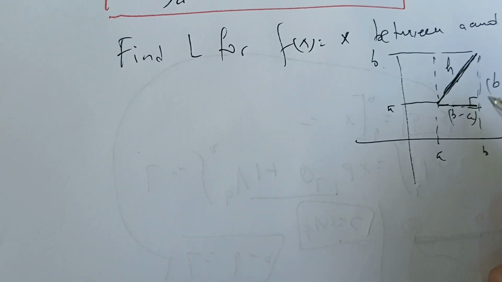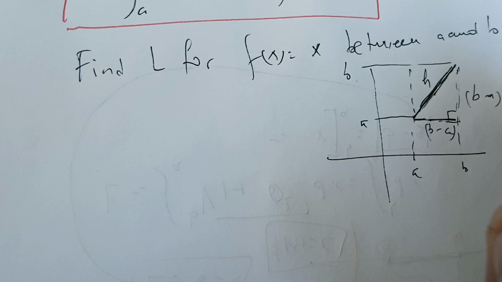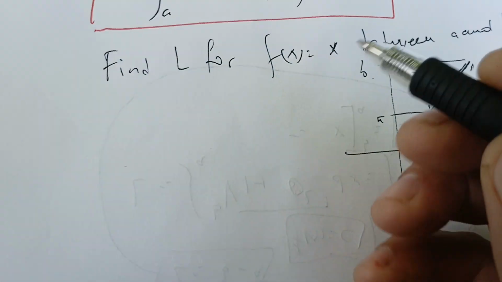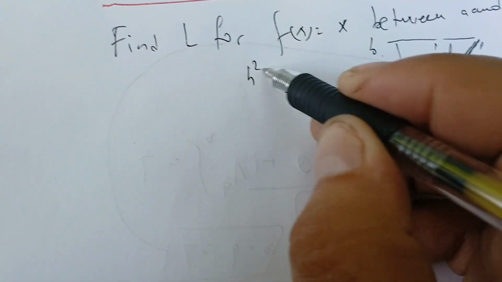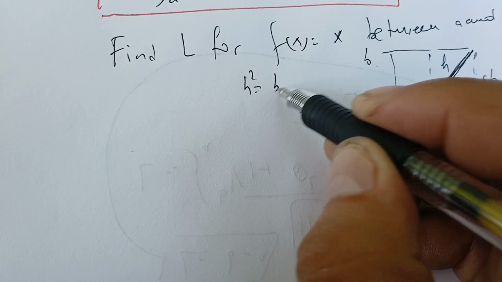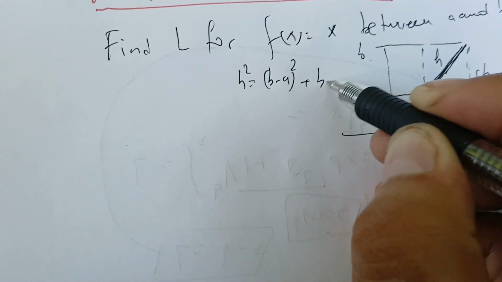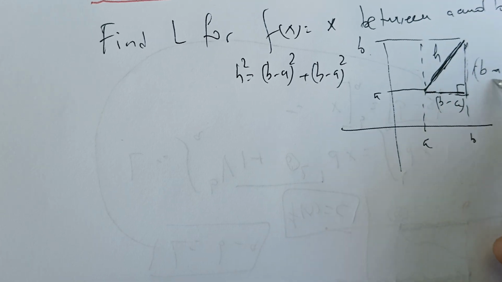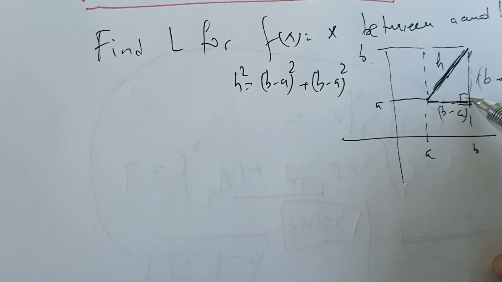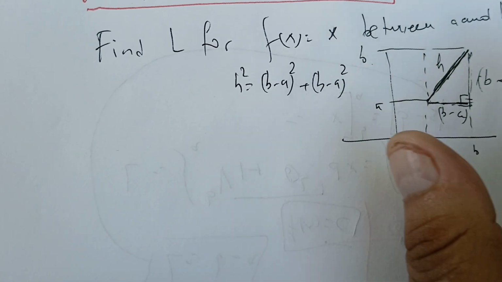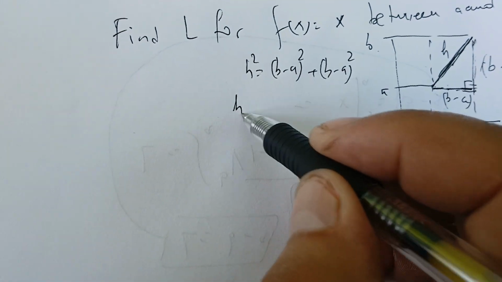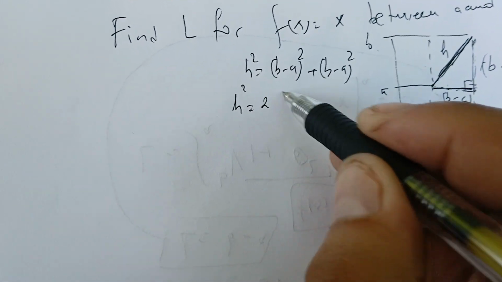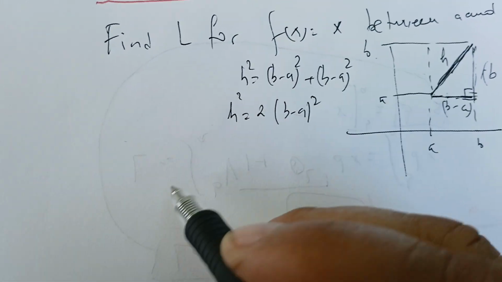Therefore I can apply the Pythagorean theorem, and I get h squared is (b minus a) squared plus (b minus a) squared. So h squared is 2(b minus a) squared.